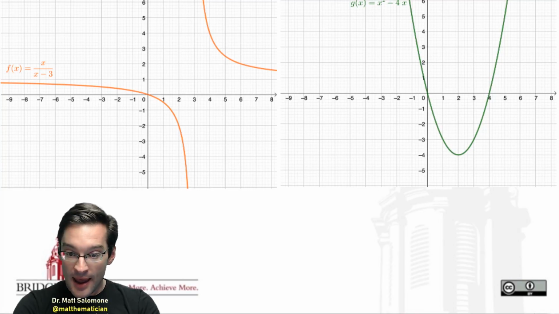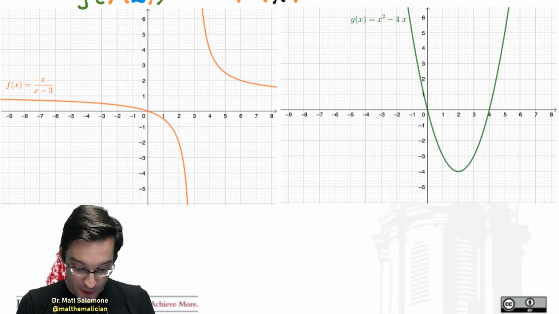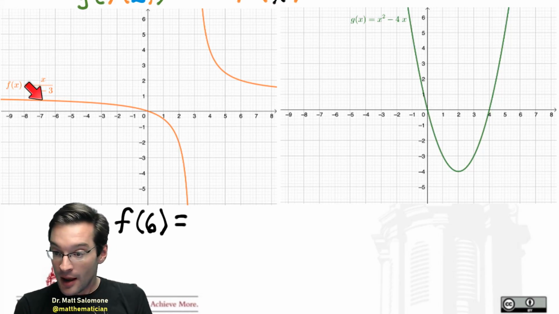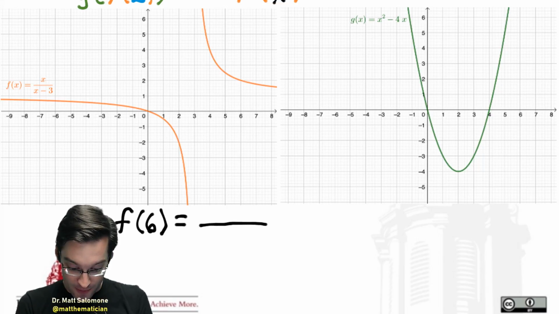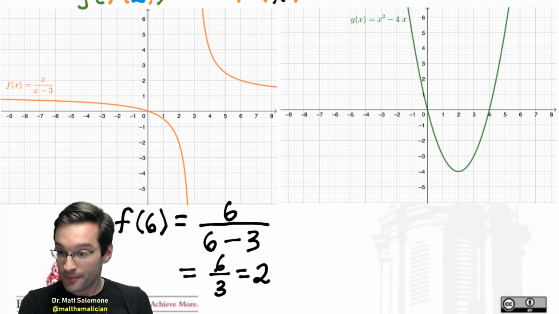So once I have the graph of a function, I can already answer a lot of interesting questions about it. I can do really basic things. Remember how we use a graph to do something like evaluate what is f of 6? If I want to know what f of 6 is, I can, using my formula, just plug in the value 6 for x and do 6 over 6 minus 3. 6 over 3, that's equal to 2, right?